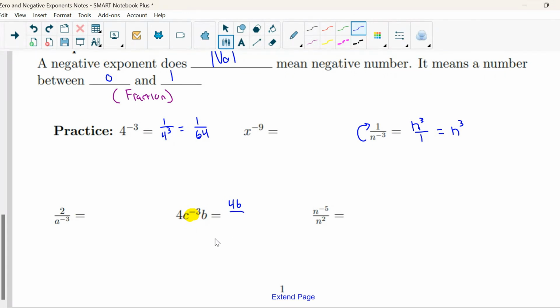Those are positive exponents. But my c to the negative third is going to flip into my denominator to become c to the positive third power. You're only flipping the c in this case. Okay, similar process goes with the last one here, but I'm going to save that one for class.